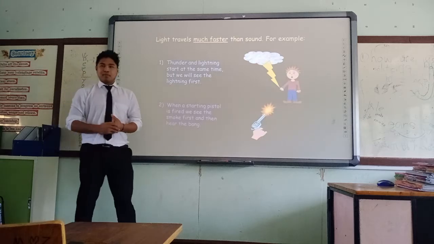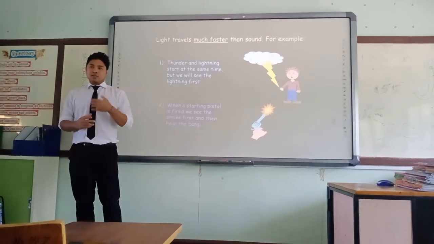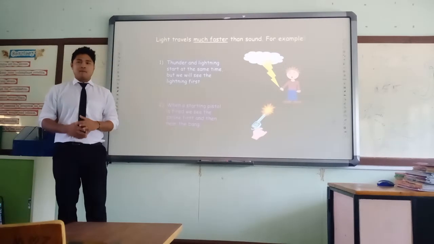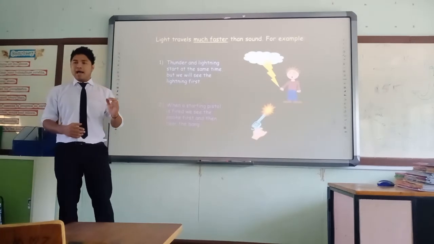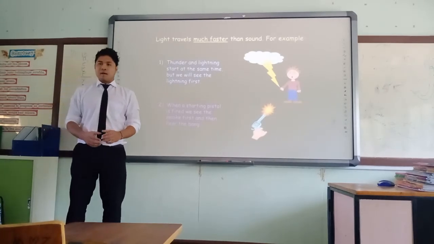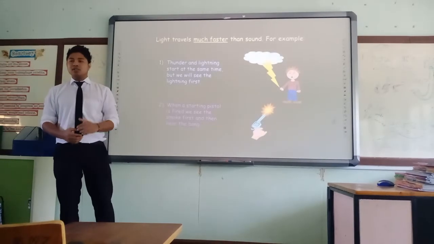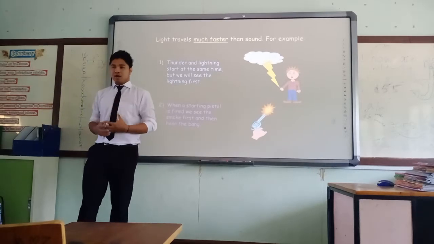For example, thunder and lightning. They always start at the same time. But at a distance, we will see the light flash before we hear the thunder, because we know the speed of sound.